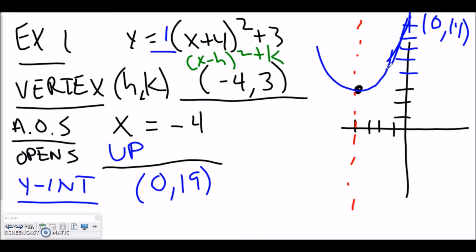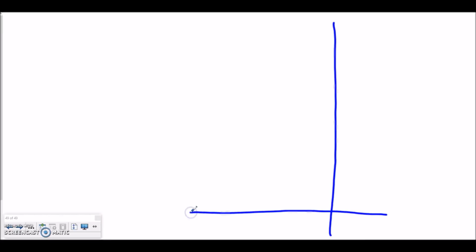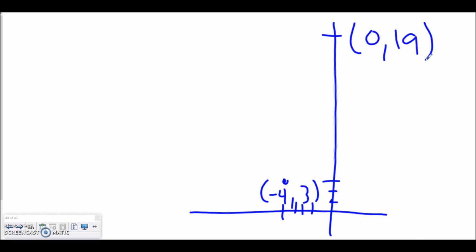Now, I need you to think about this. And I will go to a new page. If my vertex is (-4, 3), and my y-intercept is (0, 19), and we know that we have our axis of symmetry, where do you think the point straight across the mirror image point is?